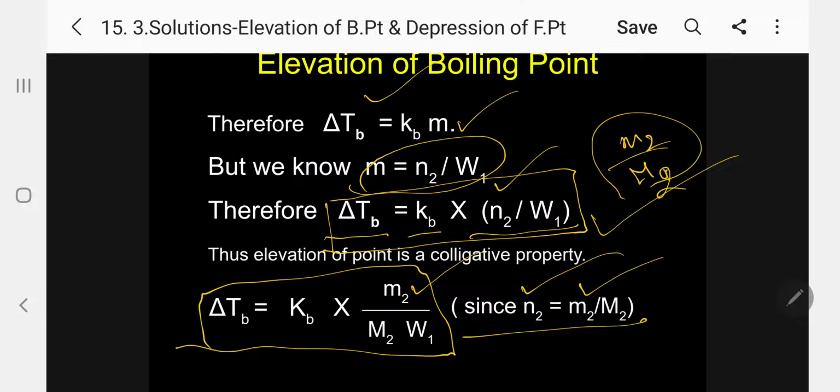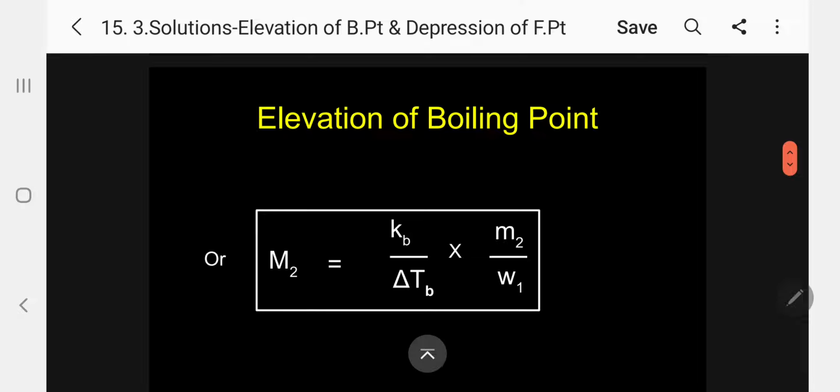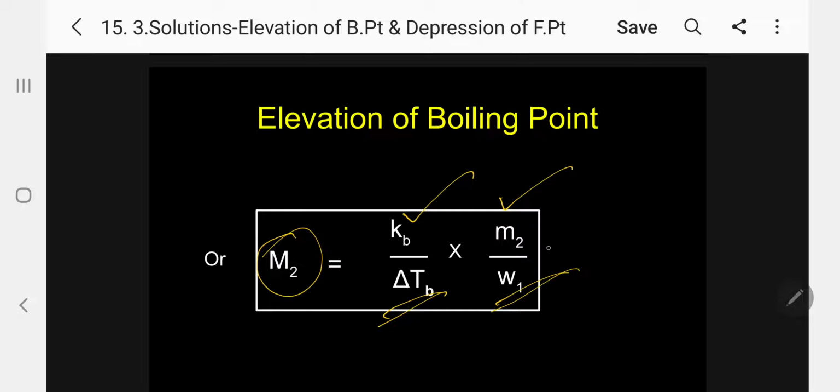Now I will rearrange this equation because my aim is to determine the molecular weight of a given unknown non-volatile solute. So M2 equals Kb by delta Tb into m2 by W1. This is the final equation we require to determine the molecular weight of a given unknown non-volatile solute.